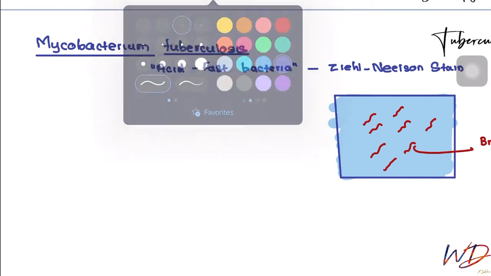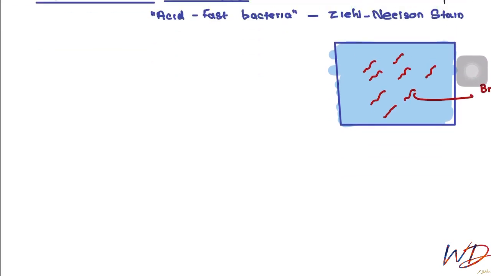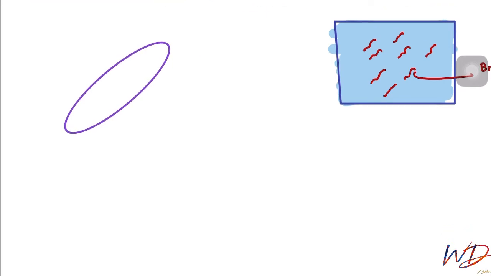Next, we'll talk about the shape of the bacteria, the morphology of this bacteria. So I'm not going to use red or blue. Instead, I'm going to use purple. It has a very thick waxy layer, and this waxy layer is very important for its survival.